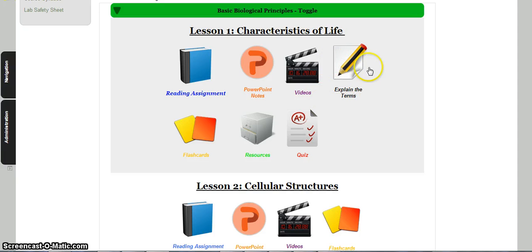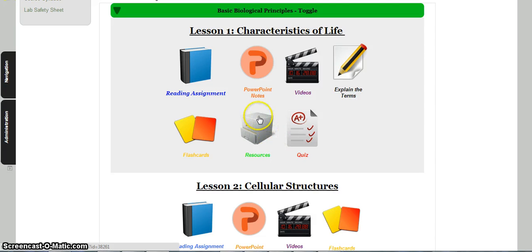Explain the terms. We do this often to go over some important key terms at the beginning of the lesson. You would click on there and complete the journal assignment that's listed there. For most lessons, I have flashcard sets to practice the key terms, so that's located there.